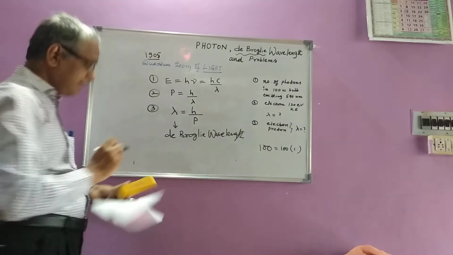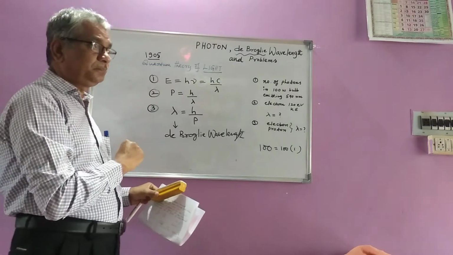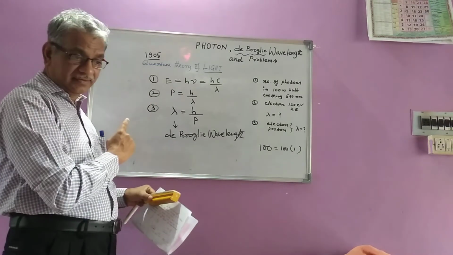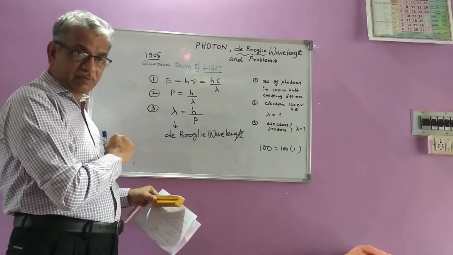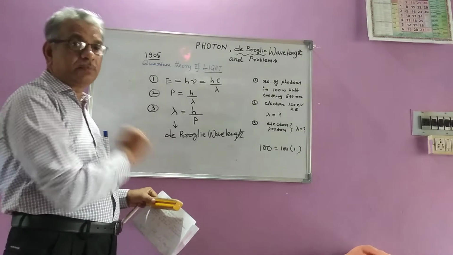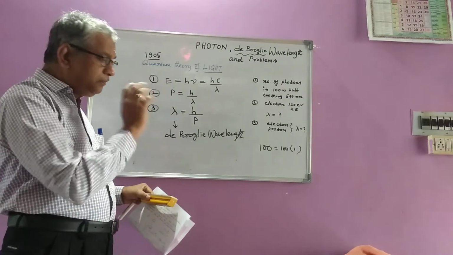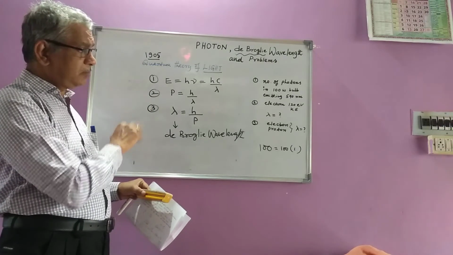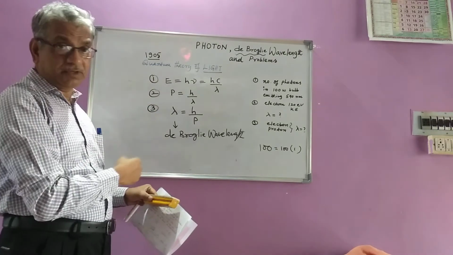Now, we are saying a material particle can have a wave nature. And this was in fact verified by the Davisson and Germer experiment and the G.P. Thomson experiment, that electron behaves like a wave. But we are not discussing those experiments here. These are the two experiments which demonstrated the concept of matter waves.